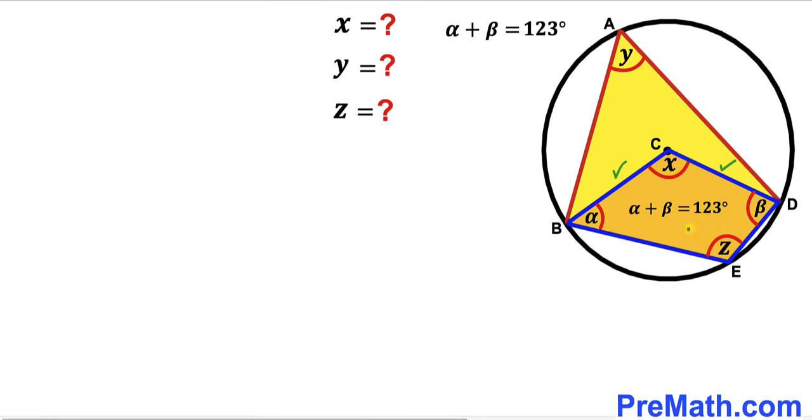We have this quadrilateral ABED along with these two radii BC and CD, fully inscribed in a circle with the center C, as you can see in the given diagram. Moreover, angle BAD is Y, angle BCD is X, and angle BED is Z. Furthermore, angle CBE is alpha, whereas angle CDE is beta, such that alpha plus beta equals 123 degrees.